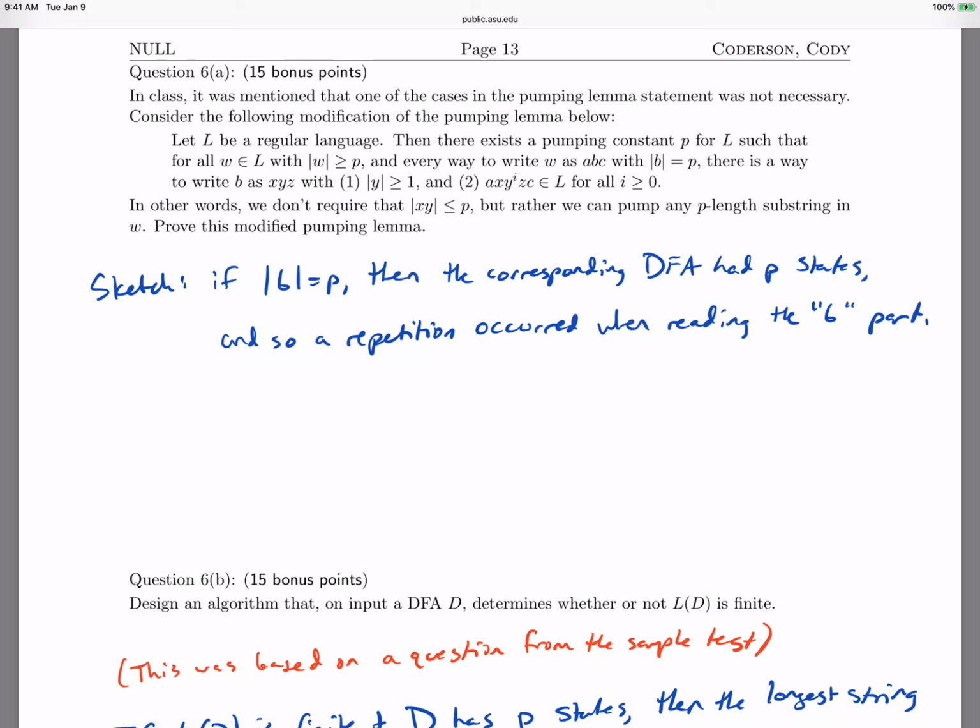If we had p states, and we've looked at a string of length p, then there's a repetition that occurs. So if we look at a p-length substring, ignore the rest of the string, and look at the computation that occurs among those p characters, some state repeats. That's all you need, because then you can just go around that loop as many times as you want.